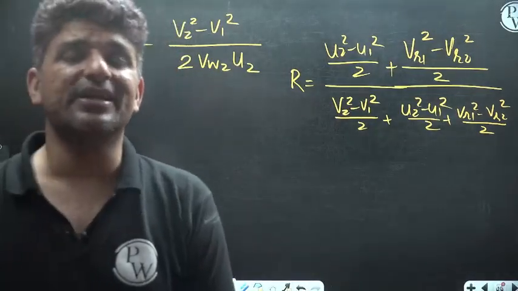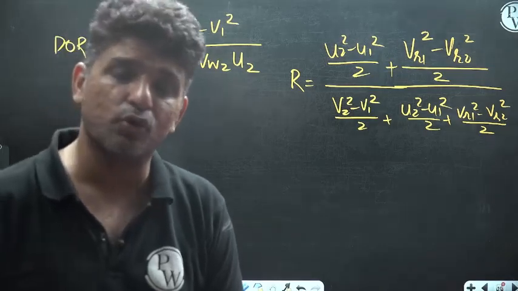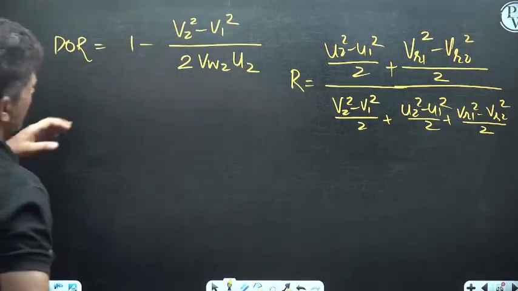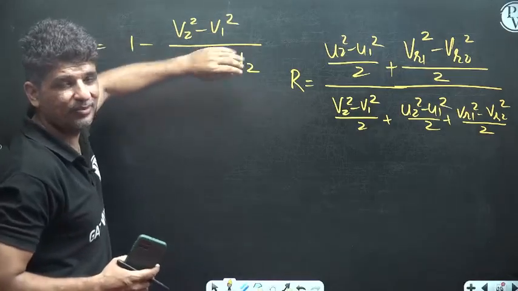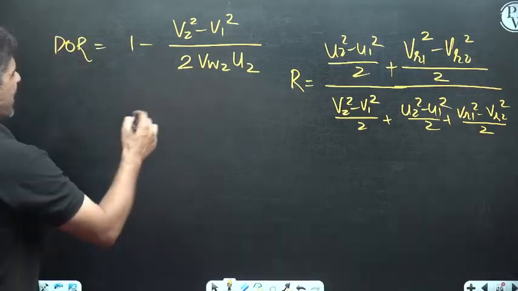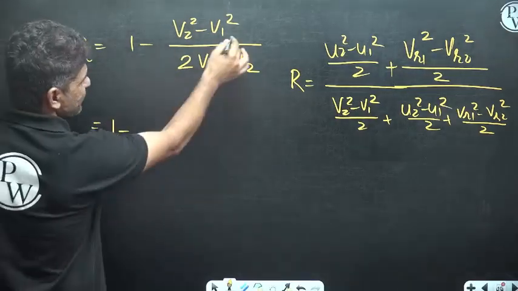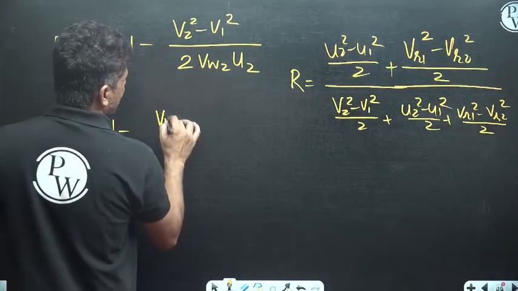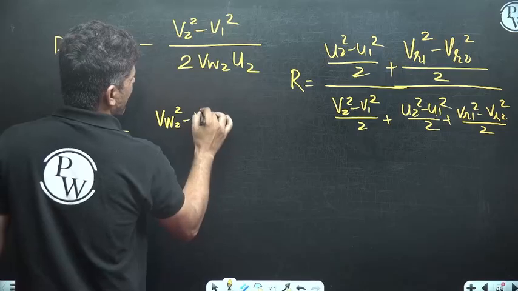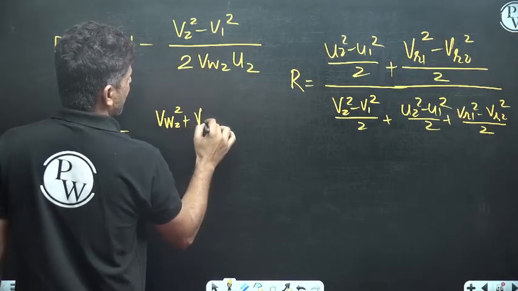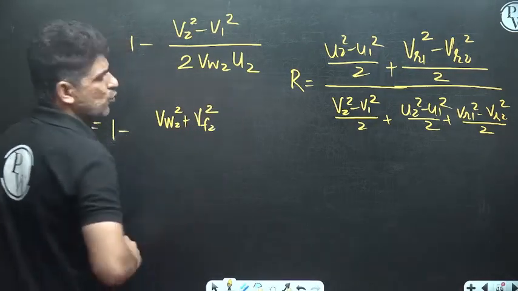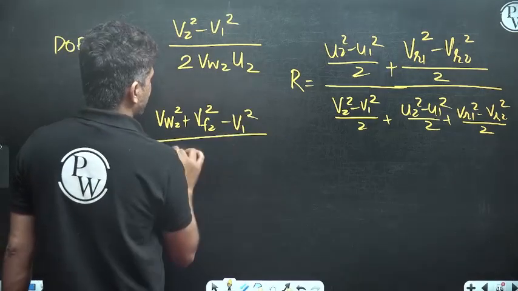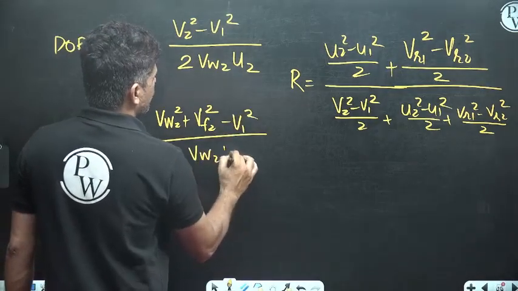In case of centrifugal air compressor, we know that VW1 is equal to 0. So if VW1 is equal to 0, then VW2 U2 will be the total power. And from here I can write 1 minus (V2 square minus V1 square). V2 square is nothing but VW2 square plus VF2 square, minus V1 square, divided by 2 VW2 U2.